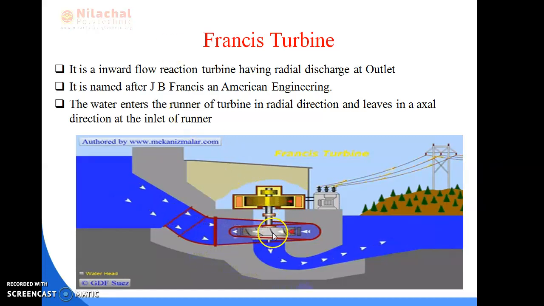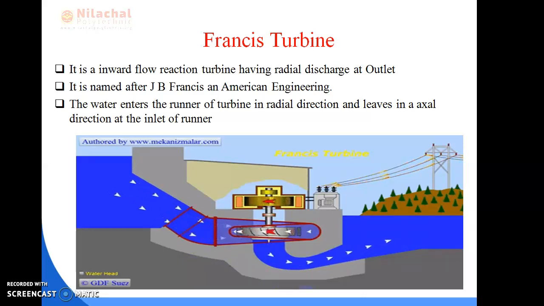These are the curved blades. These curved blades are struck by the kinetic energy of the water. Between the casing and the moving blades, there is a mechanism discussed earlier, the guide blade mechanism.